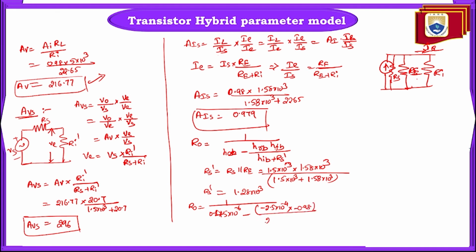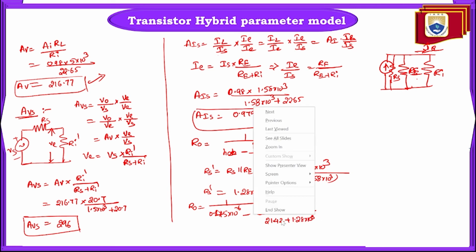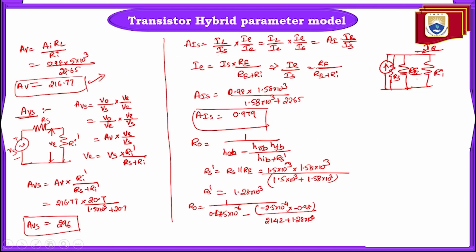HIB value is 21.42 plus RS dash, which is 1.28 into 10 to the power of 3. If I calculate this value, I'll get the R0 value as 3.68 mega ohms. So R0 is equal to 3.68 mega ohms.